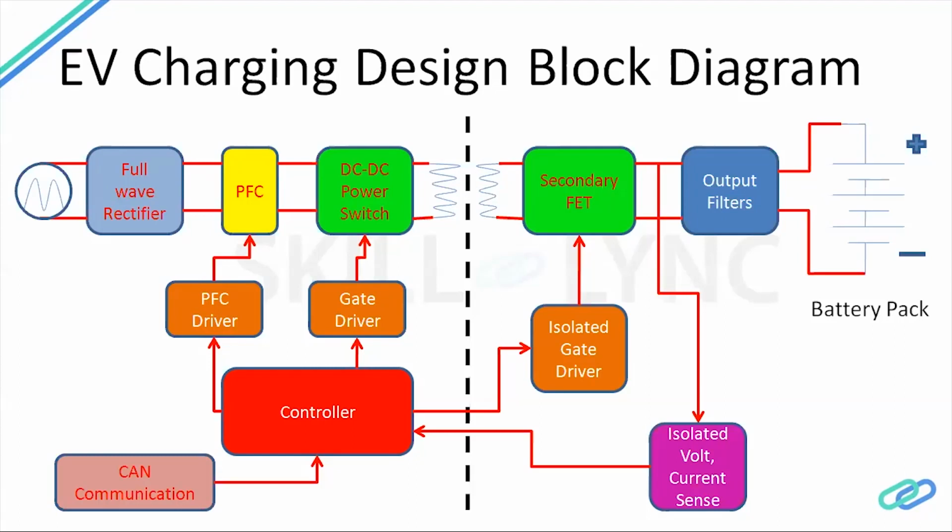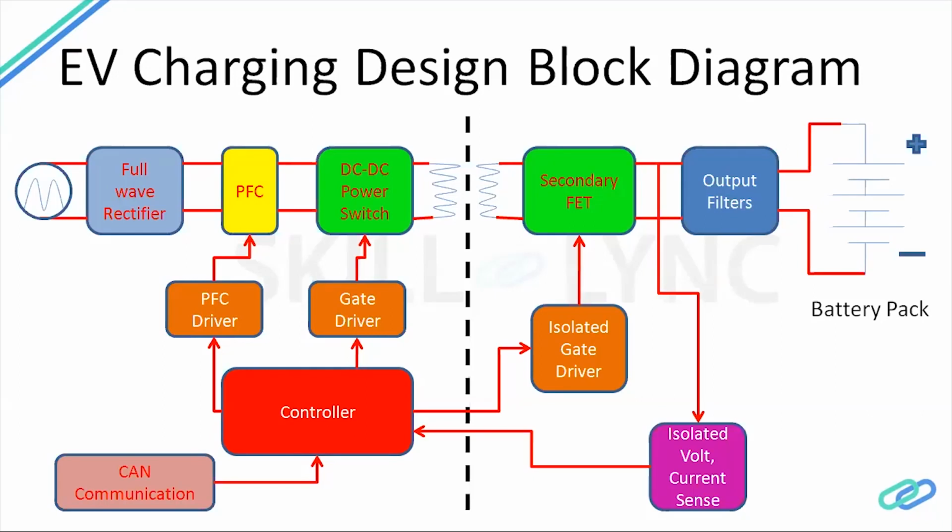Now in the bottom side, you see the controller. So basically a microcontroller or application specific ICs are used for PFC conversion, and then for DC-DC application. Either you can use a microcontroller for it, or you can use specific ICs for their specific controls.